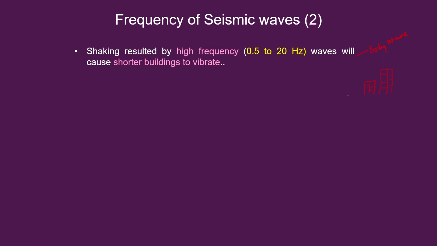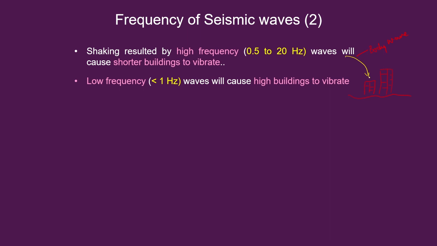So, what will happen if you have high frequency waves, then the shorter buildings will vibrate. Now, low frequency waves will cause the taller buildings to vibrate. For example, the high frequency wave will shake this one, and the low frequency waves will shake this, that is the taller buildings.